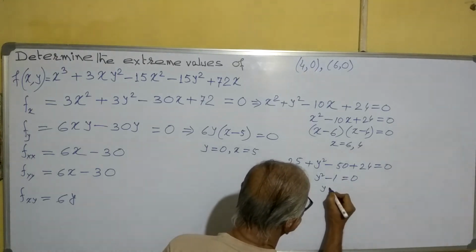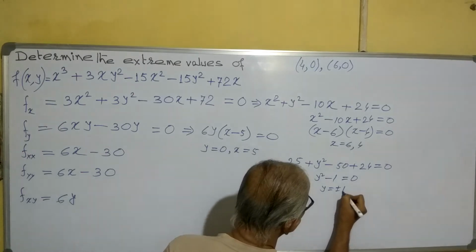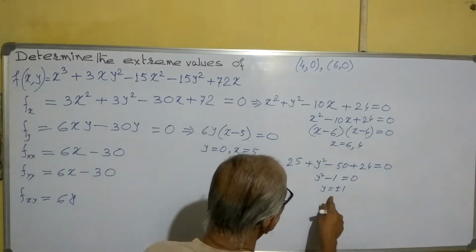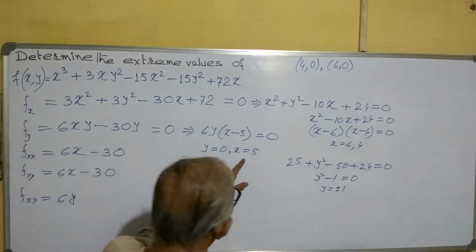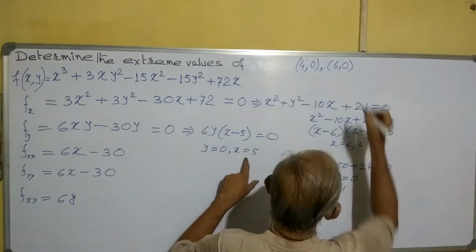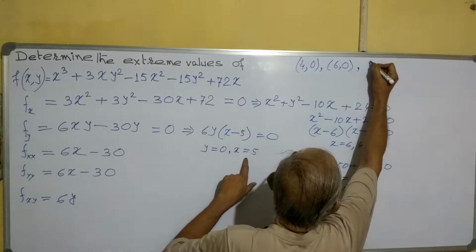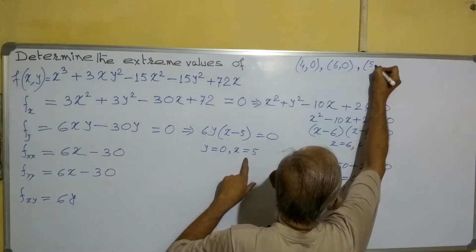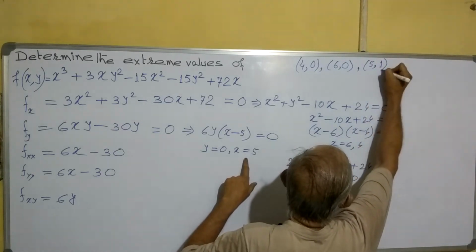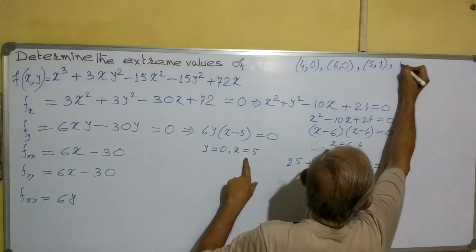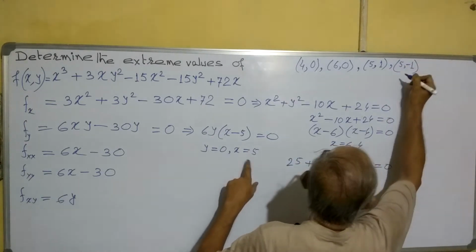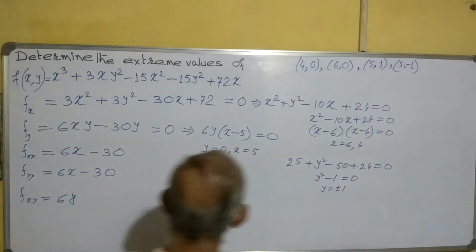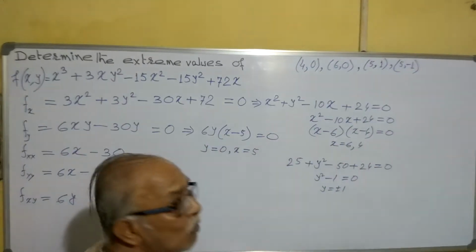That is y equals plus minus 1. So by putting x equals 5, we are getting two more points, 5, 1 and 5, minus 1. So we are getting 4 points for finding extreme values.